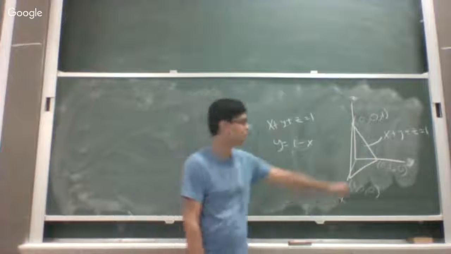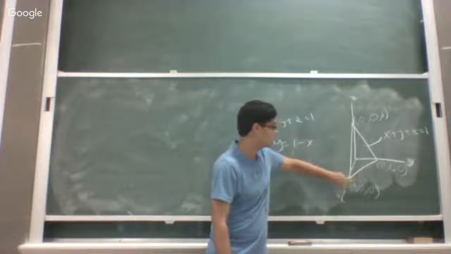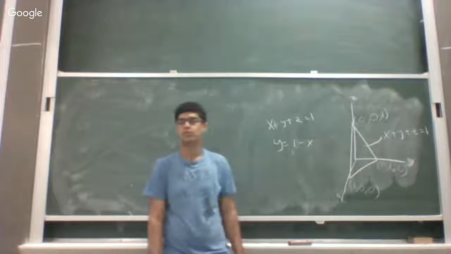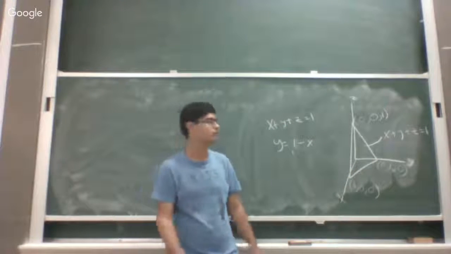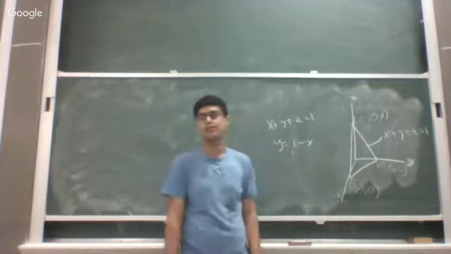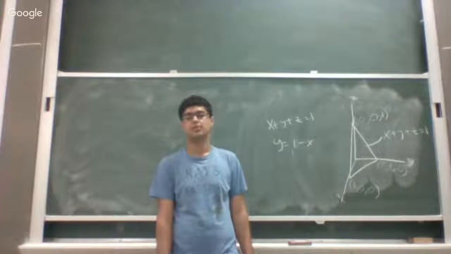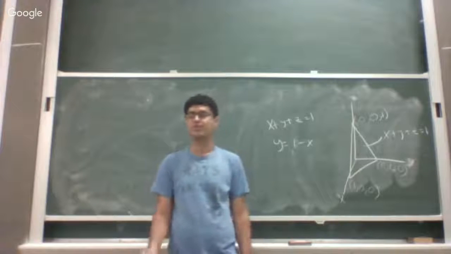The intercept is y equals 1, and the slope is negative. And then you do that same thing with all the other sides. That's actually a good question. So did that make sense?